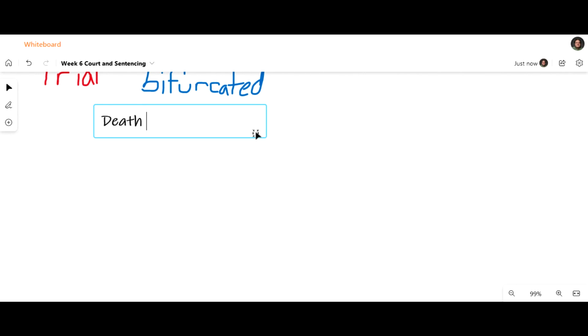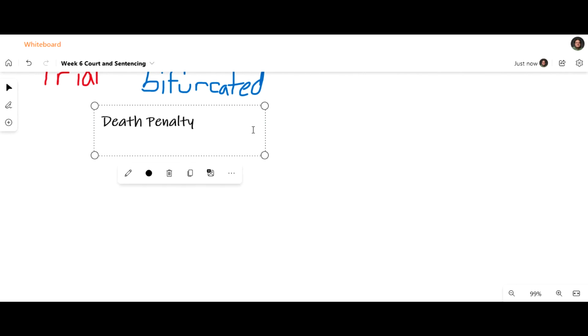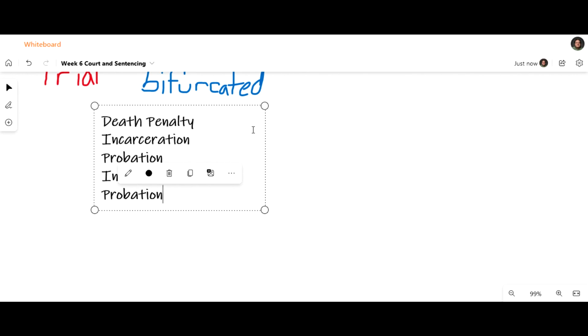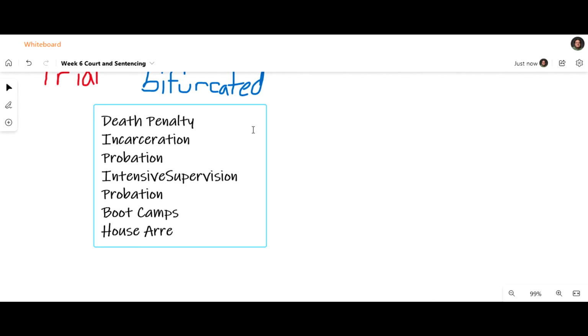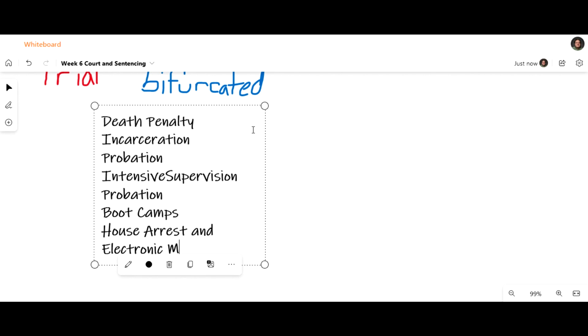So we have death penalty. We have incarceration. We have probation. We have intensive supervision probation. We have boot camps. We have house arrest and electronic monitoring.